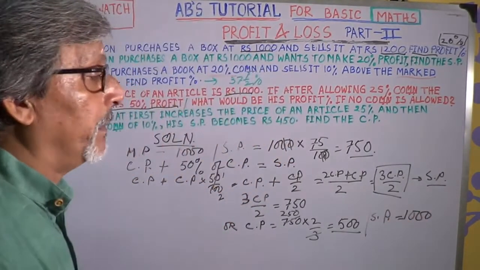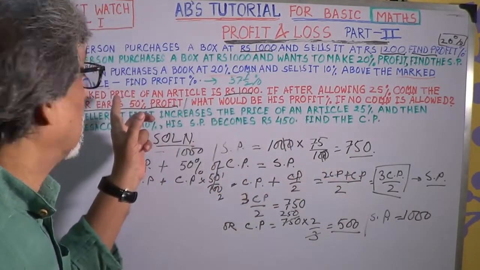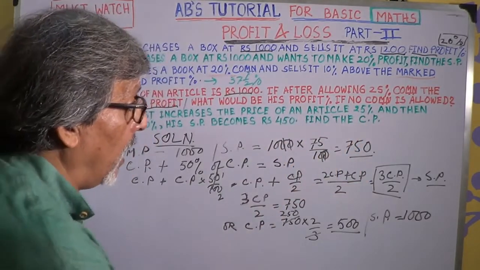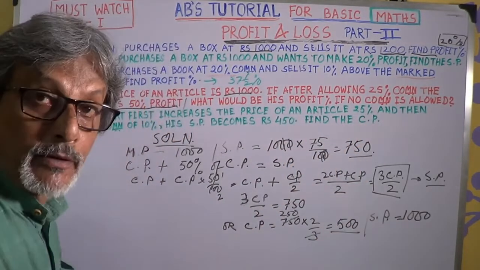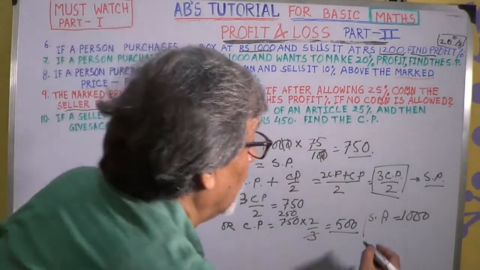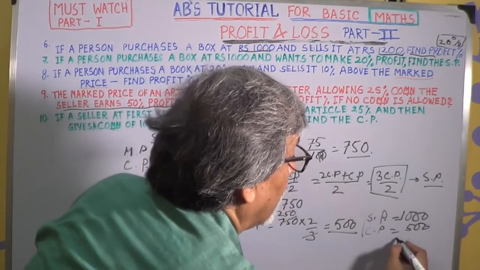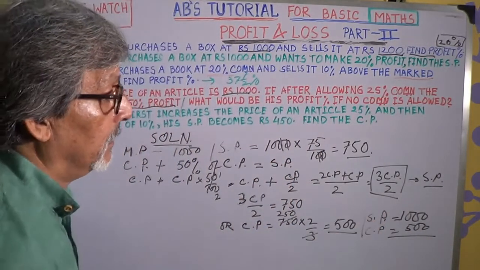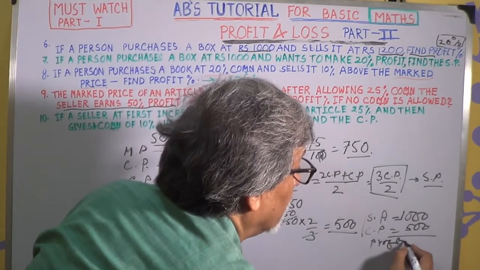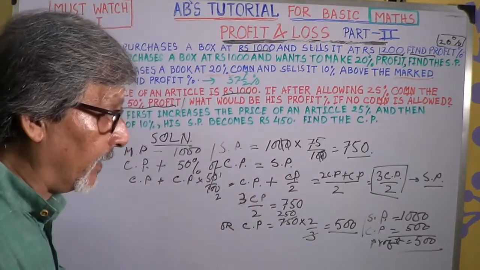In the second case, SP becomes rupees 1000 and not 750, because the seller is not allowing any commission. So now cost price is rupees 500, SP is rupees 1000, so profit is equal to 500.